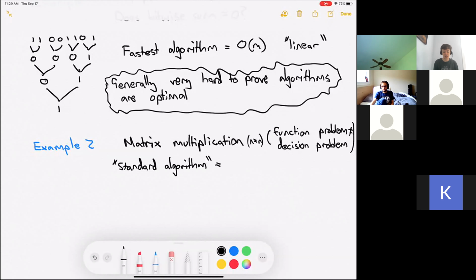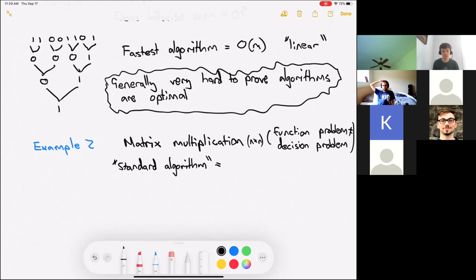Let's assume that the number of bits of each entry of the matrix is fixed, so multiplications and additions have some fixed cost. We're just interested in how the number of steps needed scales with the size of the matrices. N cubed.